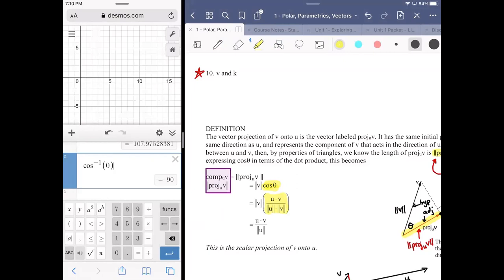All right, so if I want the component of V acting in the direction of U, and when I say component in this context, because we're overusing the term component now, it's frustrating, but I mean the part of vector V that's helping out U. By a little simplifying, all I would end up having to do is find the dot product of U and V and divide it by the magnitude of U. As far as proofs go, that's not bad, right?